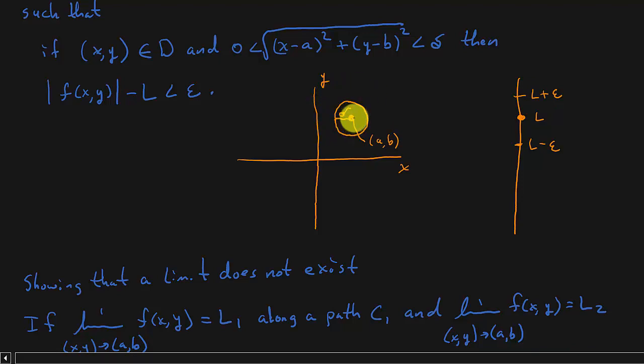That point (a, b) is the center, and the radius is delta. So f maps all the points in this disk into this interval here, except possibly at the point (a, b). In other words, if I had a point, say, here, this point (x, y), we could map it over here. And that's what it's talking about.